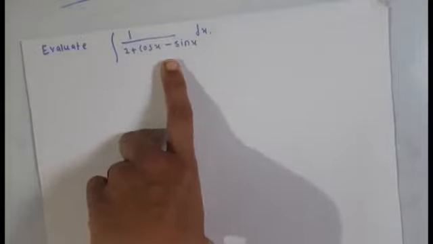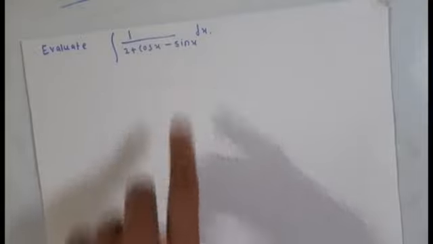Okay, 1 upon 2 plus cos x minus sin x with respect to x.